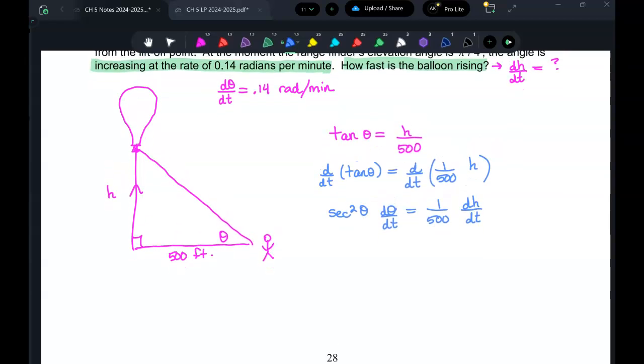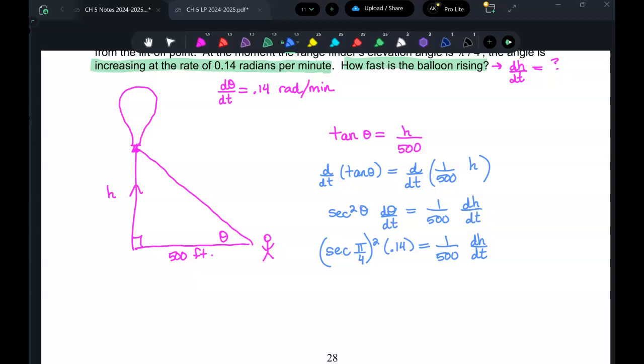Now we have all this information. Theta is pi over 4. So secant of pi over 4 squared times 0.14 equals 1/500 dh dt. Remember, dh dt is what we're looking for.